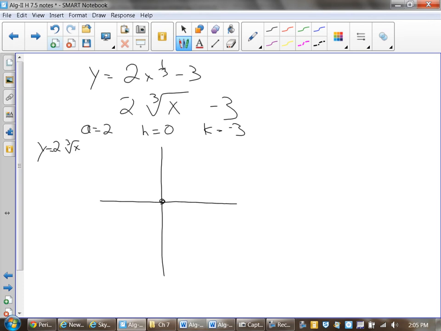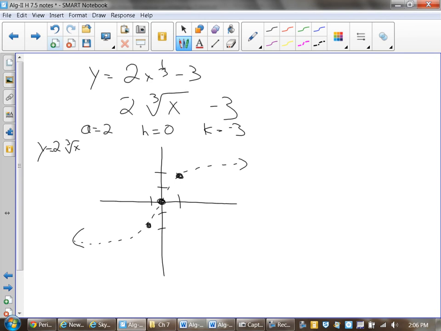I have 0. I use 1. Cube root of 1 is 1, 1 times 2 is 2. And then I have negative 1, and I get negative 2. All of my cube root functions look the same. They've got kind of an S to them, like that.